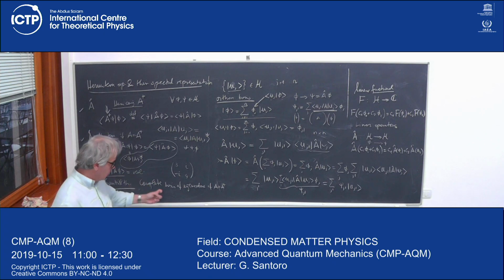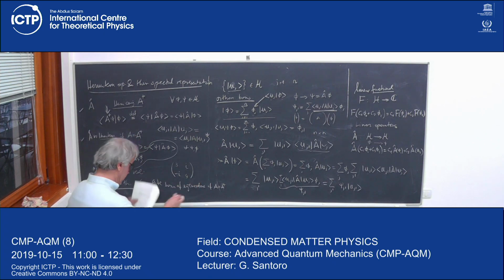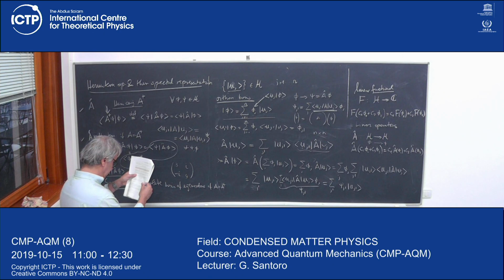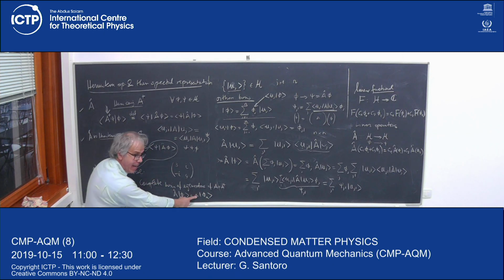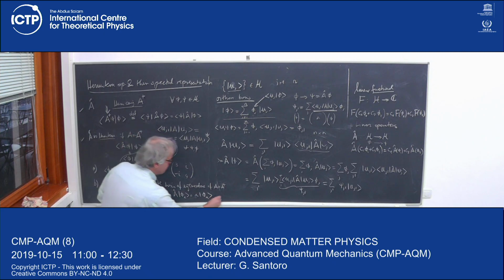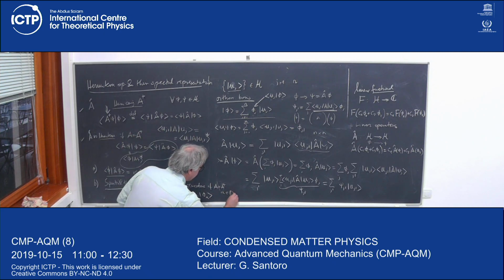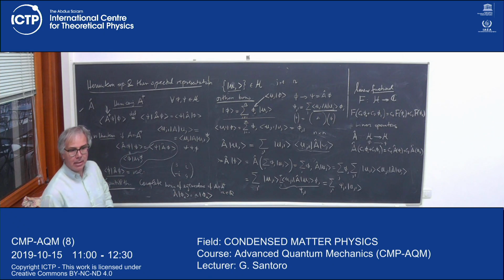Is this you can find vectors, okay, such that A phi a is equal to a phi a, okay? You see, this is an eigenvector with eigenvalue a. The first thing that you can prove is that a must be real. Okay? Why?